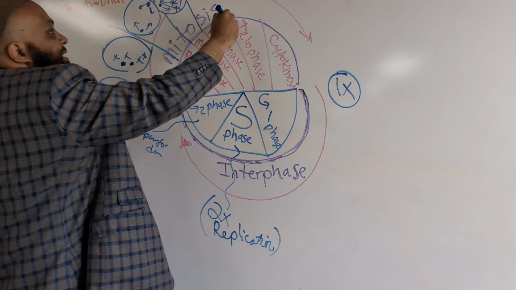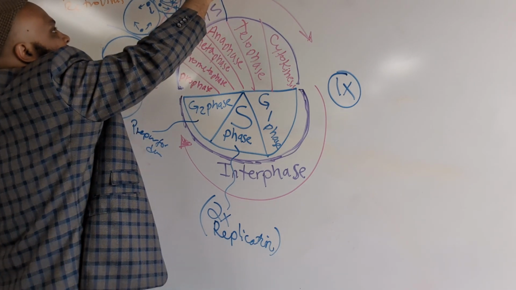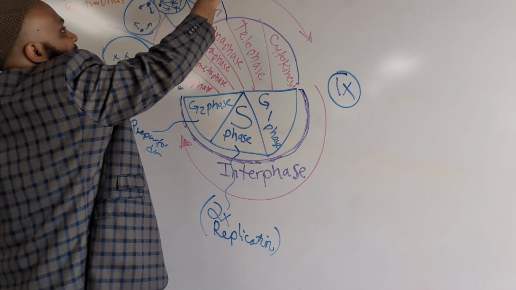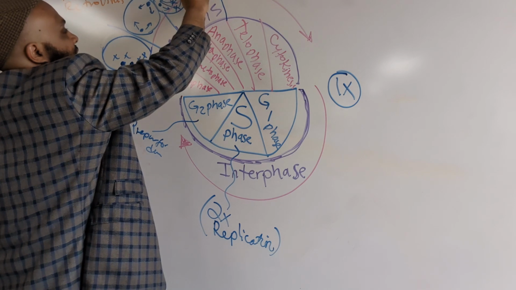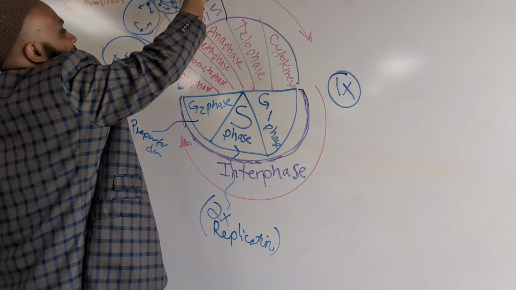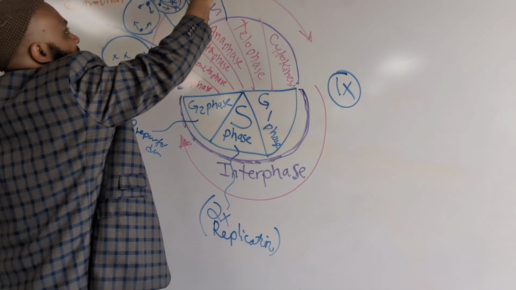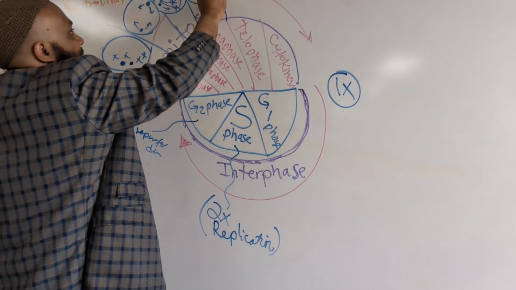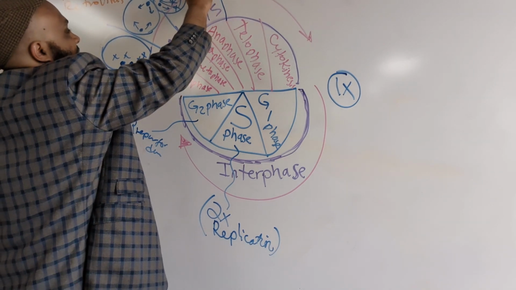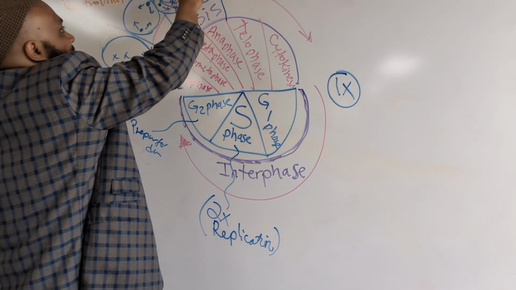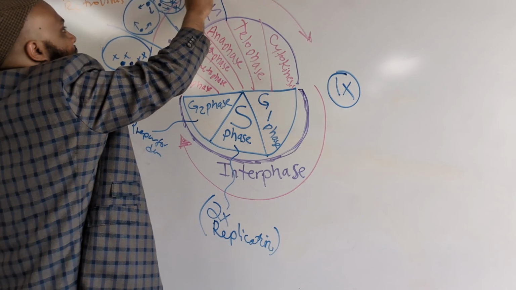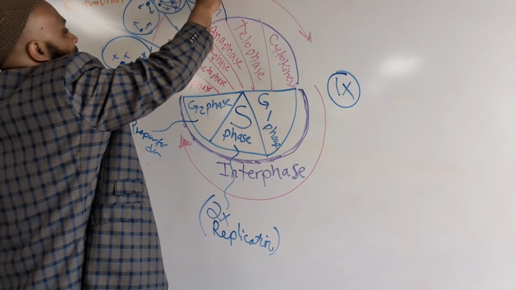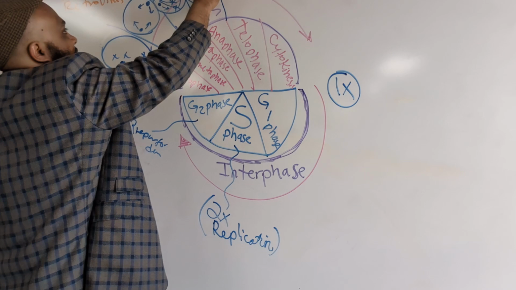In anaphase, they're going to start pulling in the opposite direction. So these are your centrioles, and these are your sister chromatids that have been pulled away by your asters.